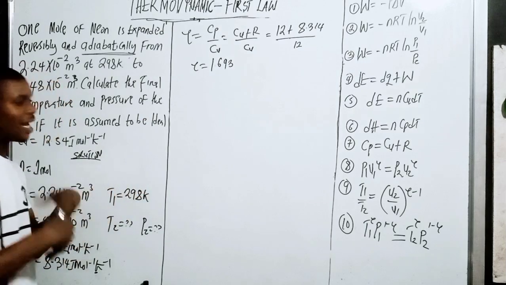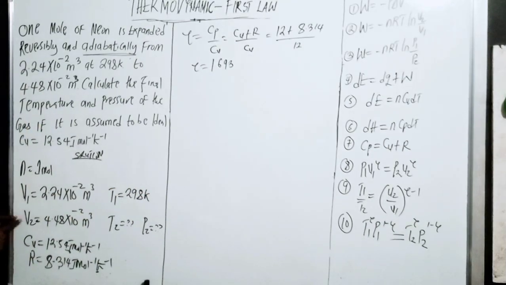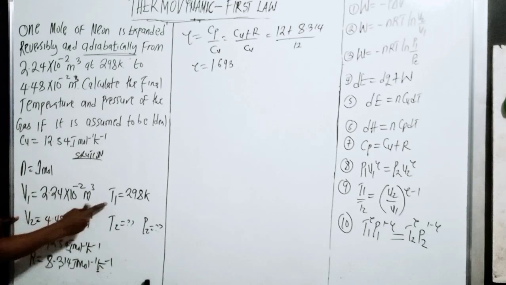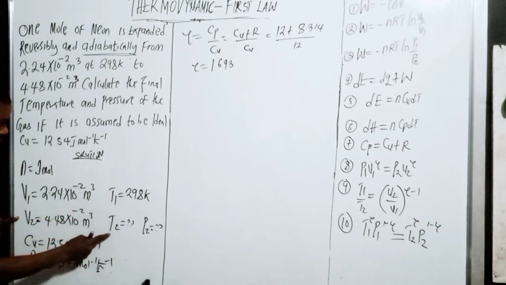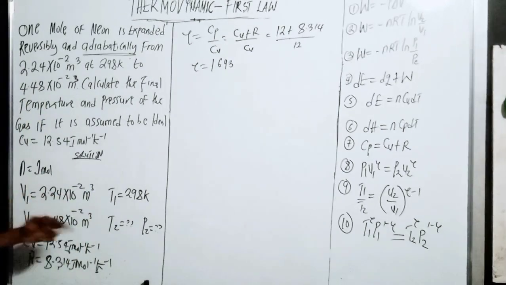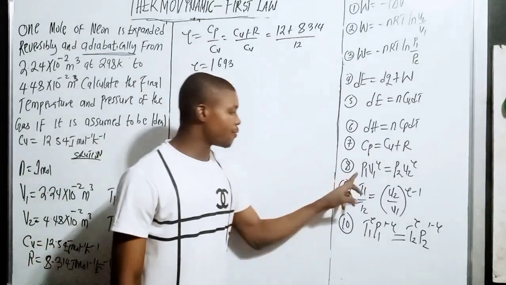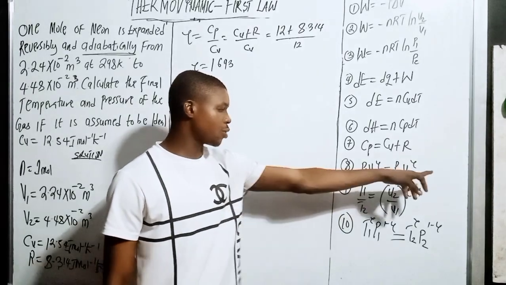So the next one to do now, let's look at the formula we have to apply here. Now I know my V1 and V2, and I know my T1. I'm going for T2, right? First of all, I'm going to calculate T2. So I'm going to use the relation between volume and temperature. Volume and pressure we are not going to use here.